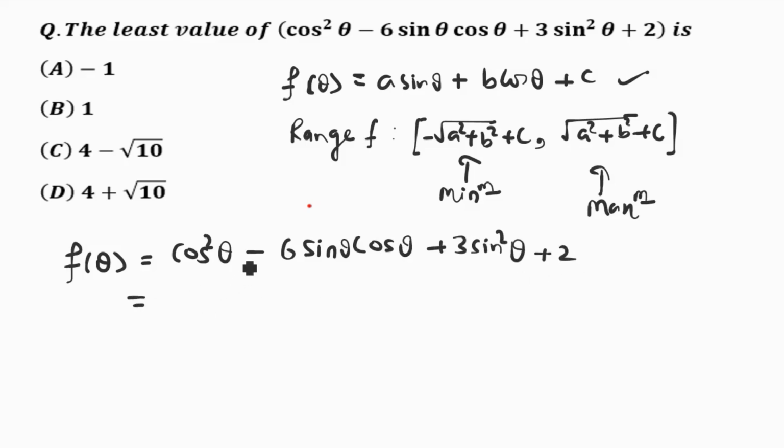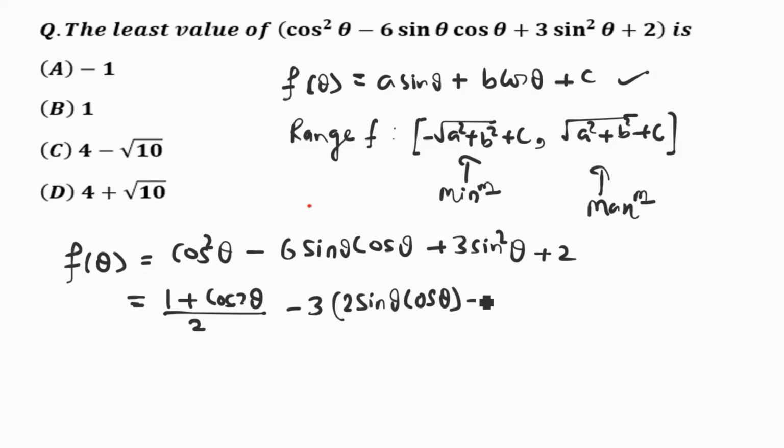We can write cos square theta as (1 plus cos 2 theta) divided by 2, using a trigonometric formula. 6 sin theta cos theta I write as 3 times 2 sin theta cos theta. And 3 sin square theta I write as 3 times (1 minus cos 2 theta) divided by 2, plus 2.